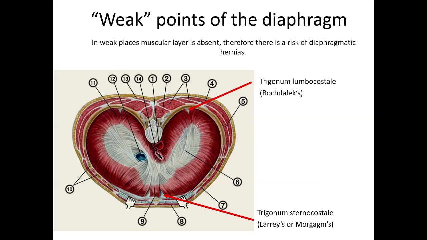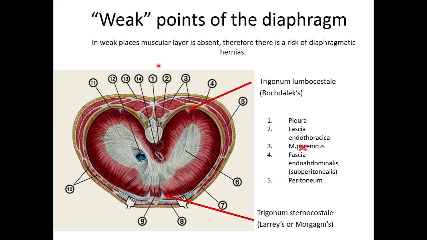So, what is special in this position? We can say that in weak places, the muscular layer is absent. Therefore, there is a risk of diaphragmatic hernias because of the lack of the muscular layer.